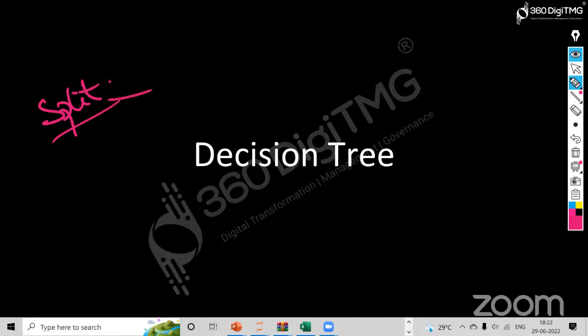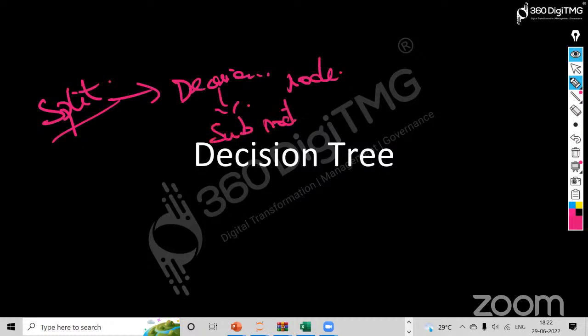It will divide your decision node, and these are again divided into subnodes. And you also have branches.